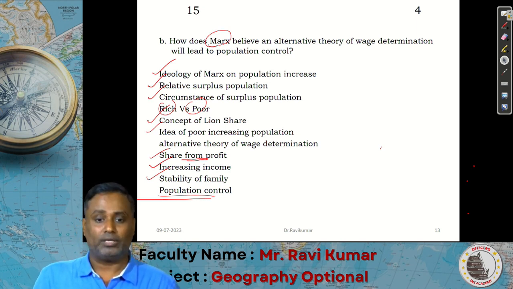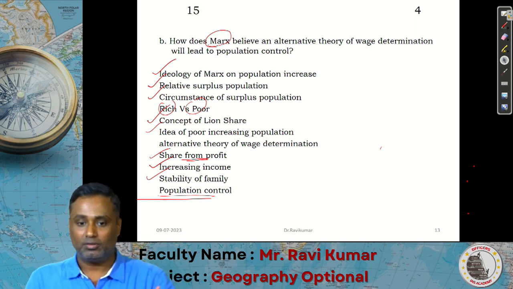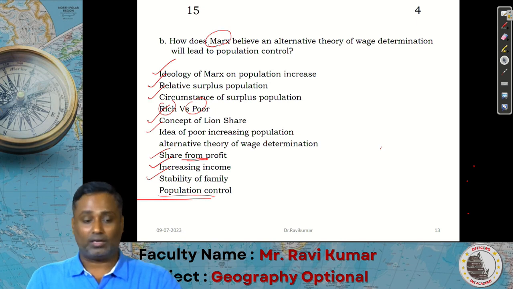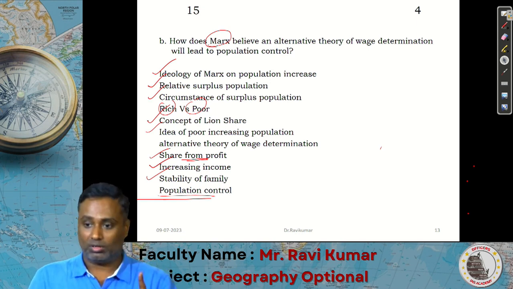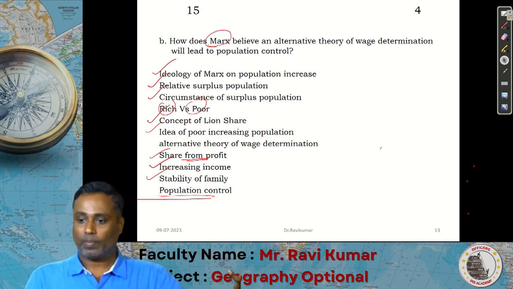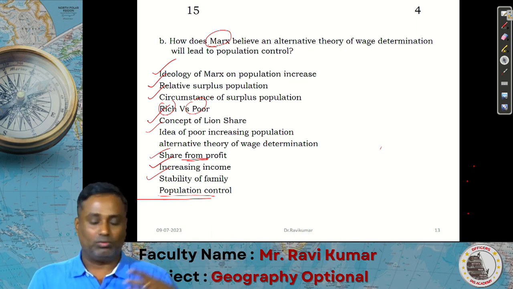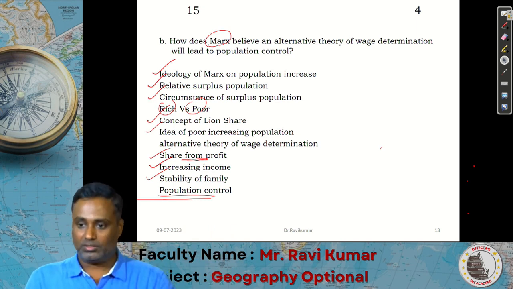You are ready to come, because if you leave it, somebody will come and take it. Even if you give 50 rupees, people are ready to work, because there is much more competition for that one work. So now imagine when labor increases, there is competition for one work, and the owner will reduce the cost.